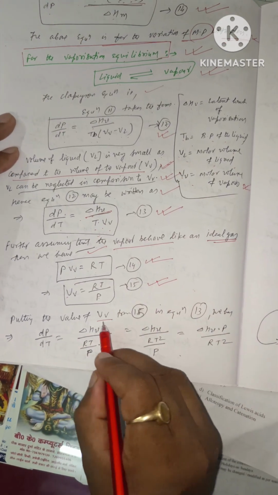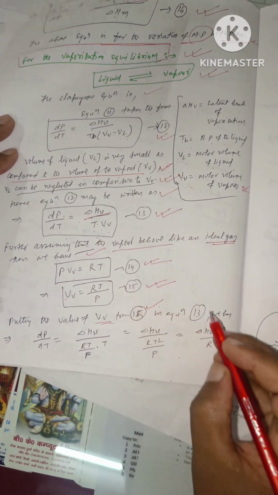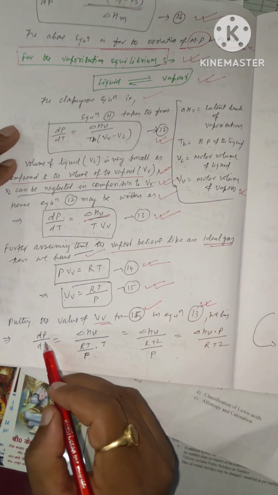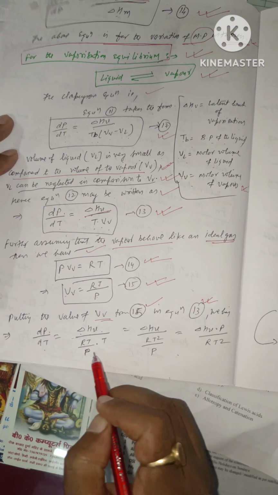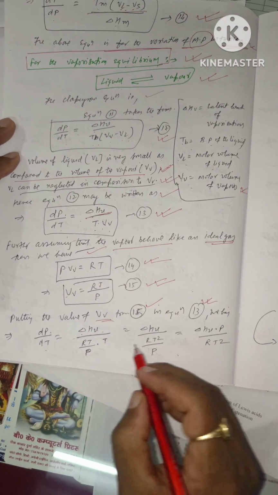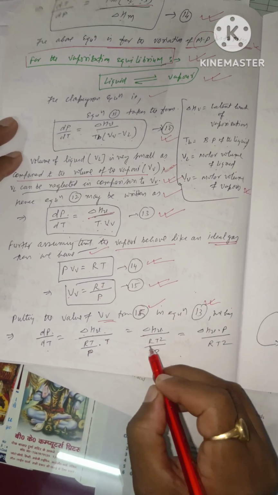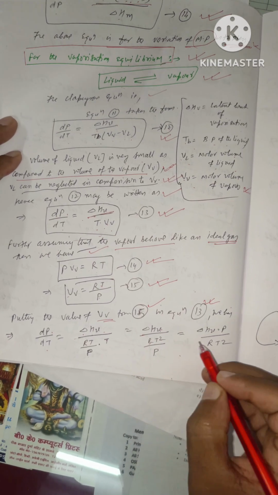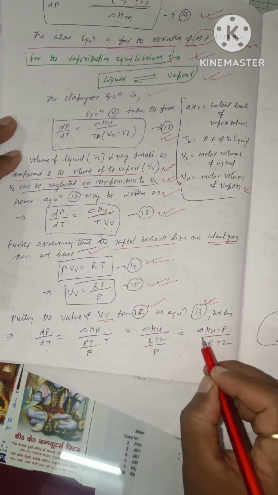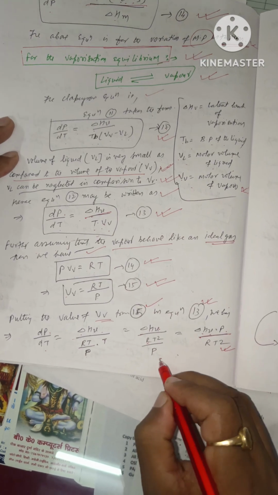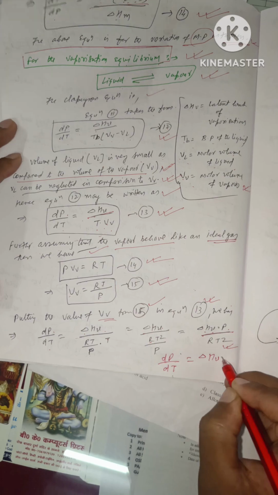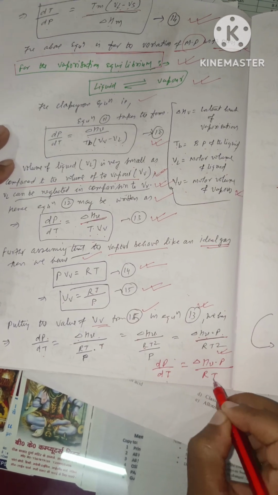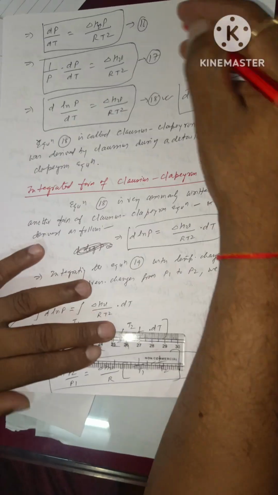Putting the value of Vb from equation 15 in equation 13, we have dP upon dT is equal to delta Hv upon (RT upon P) into T. Therefore, dP by dT is equal to delta Hv into P upon RT square. Say it equation number 16.